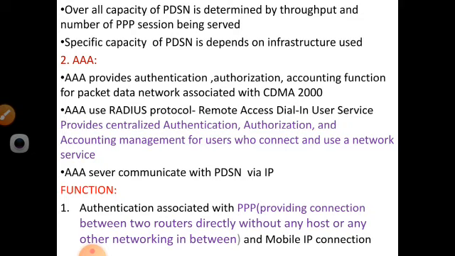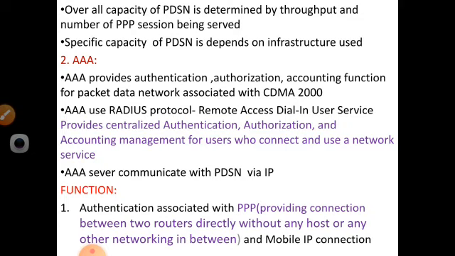As already explained, a PPP session provides point-to-point communication, and it does not need any IP protocols, hosts or any other networking between the systems. To calculate the specific capacity of PDSN, first we have to know the number of infrastructures used in the network. Based upon infrastructures, we can calculate the specific capacity of PDSN.